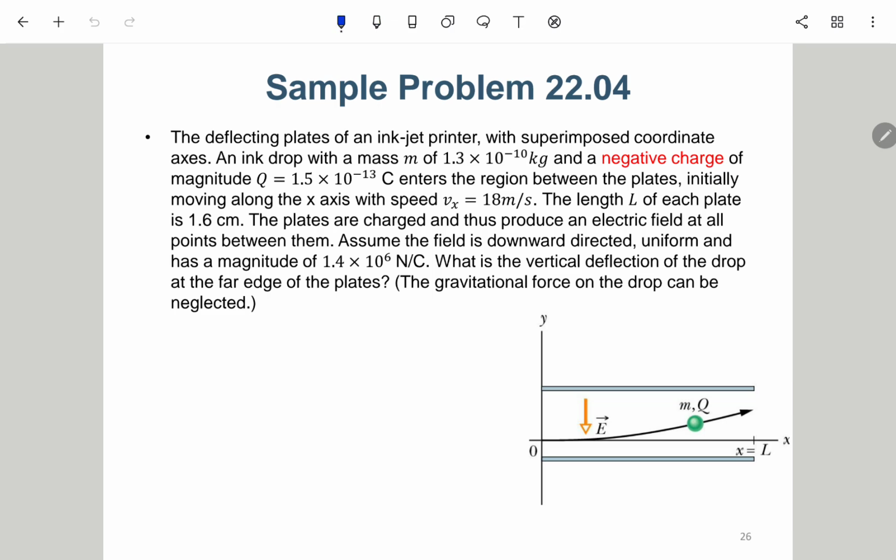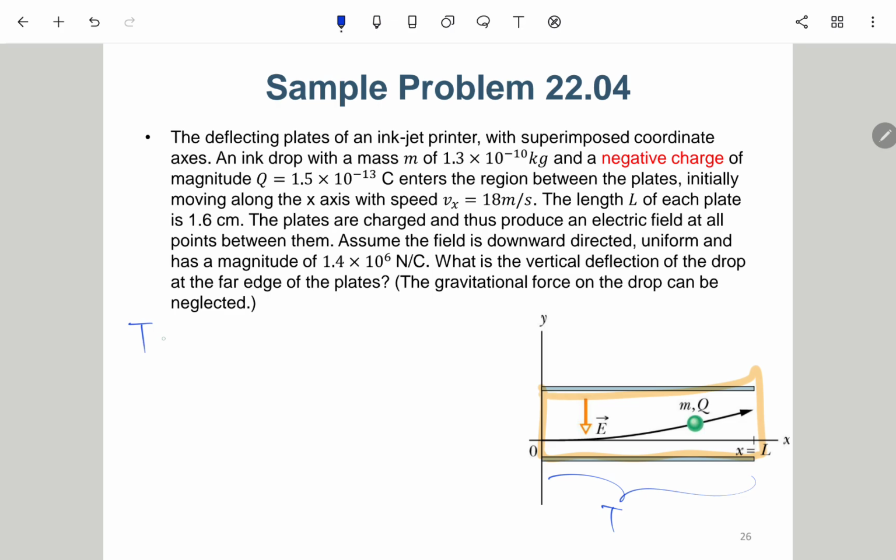So actually we can simply calculate the time t that the charge will be in the region of this orange box.